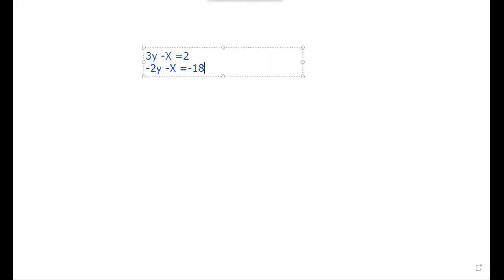In this question, we will make negative 2 minus 3 because we have negative x and negative x. So actually we should subtract.